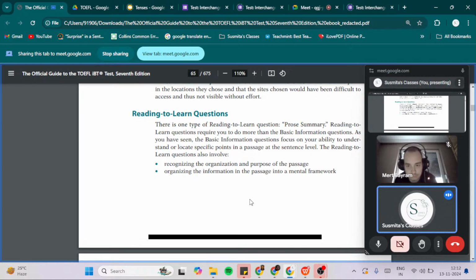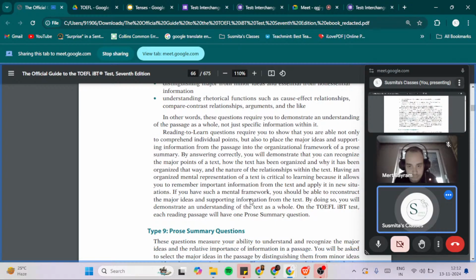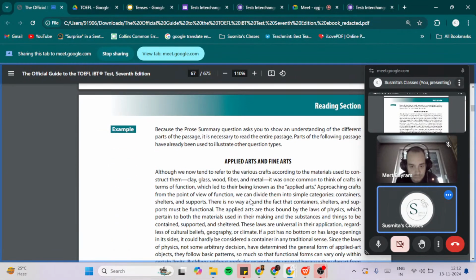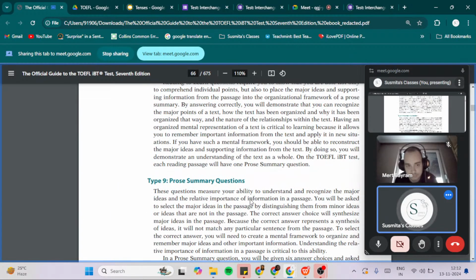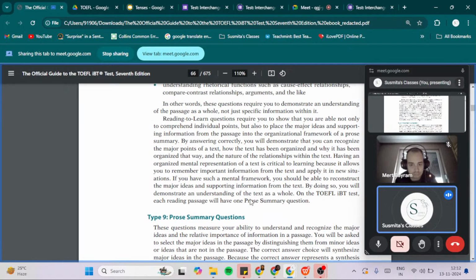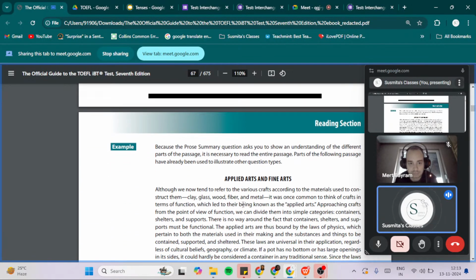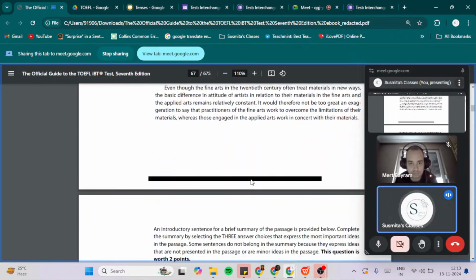Here, there are two things you need to understand and remember. First, you need to know the whole passage, and based on it you will get six options. Out of six, you have to select three correct options, which will help you summarize the whole passage.